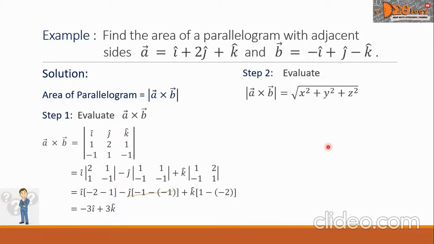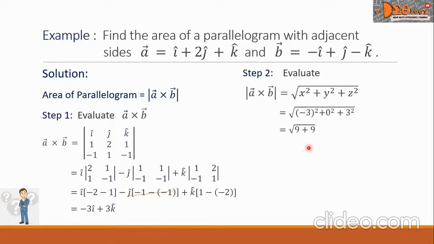Evaluating the corresponding values, we have now the big square root of coefficient of i, that is negative 3, and we put a square, plus there is no j here. It means coefficient is 0. Then we put the square, plus coefficient of k, which is 3, we write here 3 square.